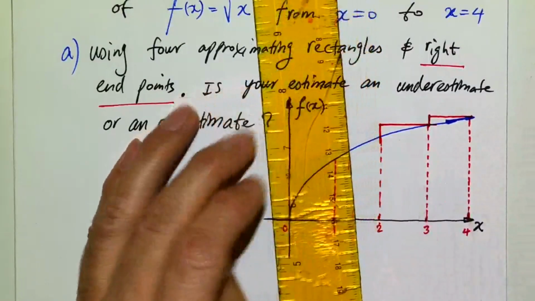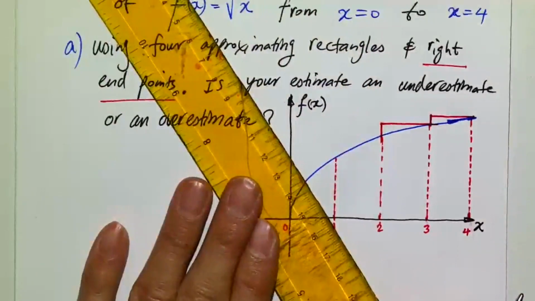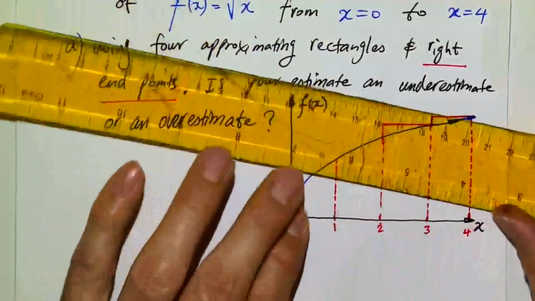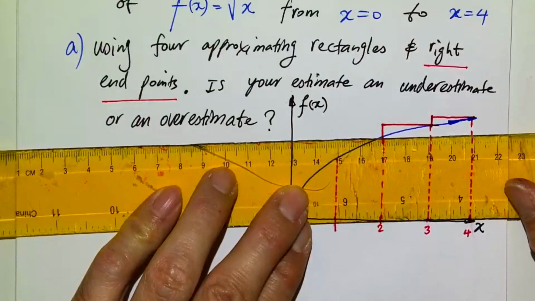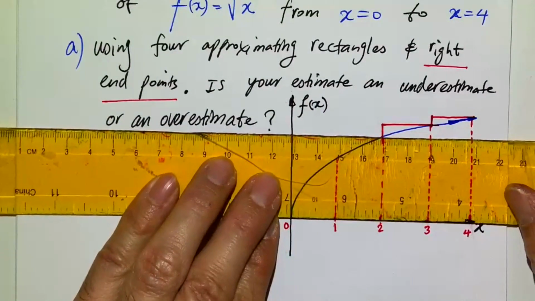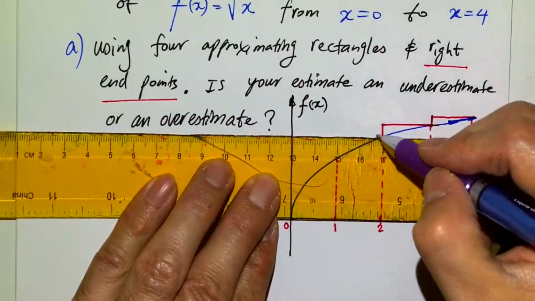Like that. And then again, making sure that this right endpoint of the rectangle is on the curve, like that.